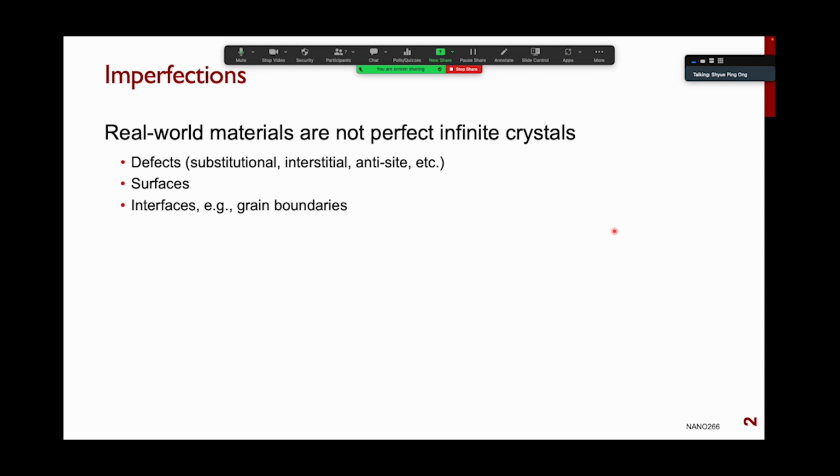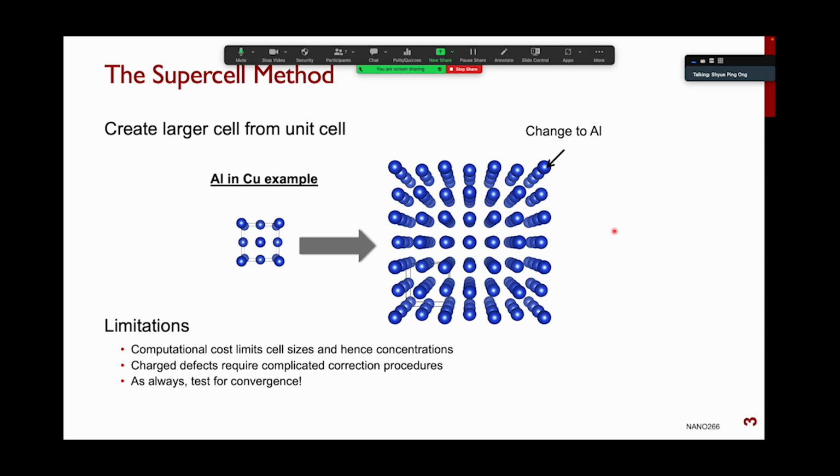Surfaces and interfaces can have a lot of impact on the property of the material, okay? And in fact, in some applications, the surface or the interface is the actual material or application that you are working with, okay?